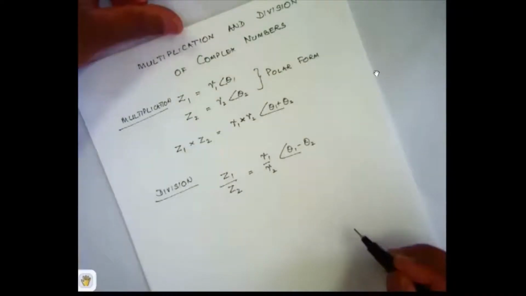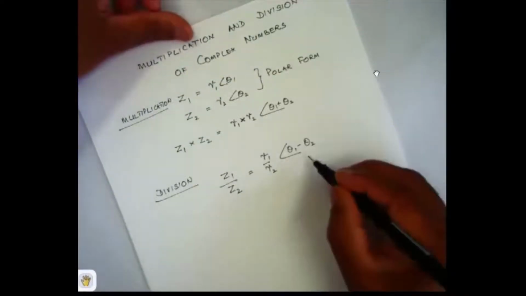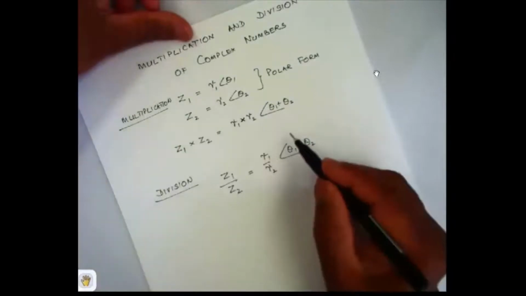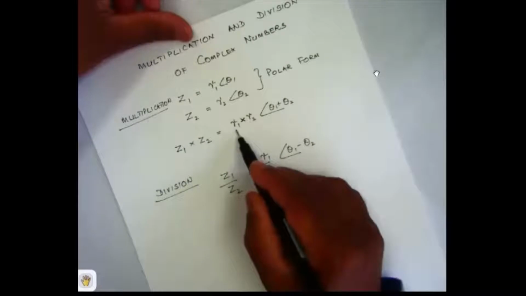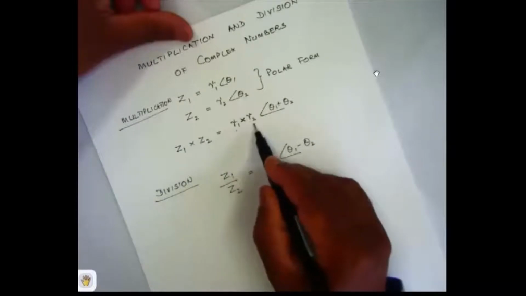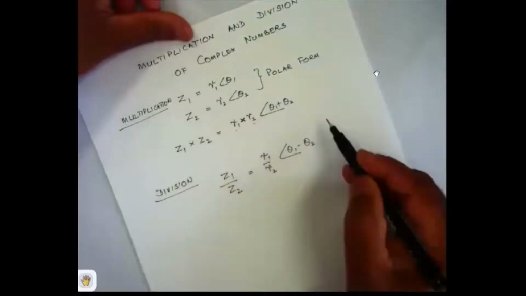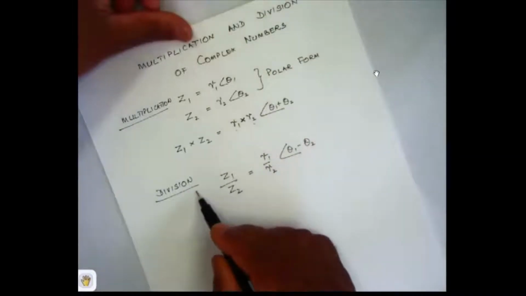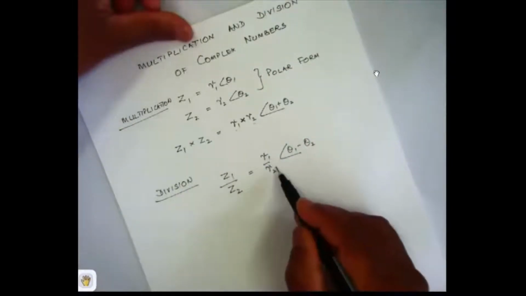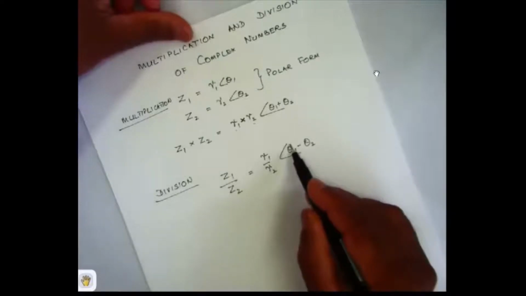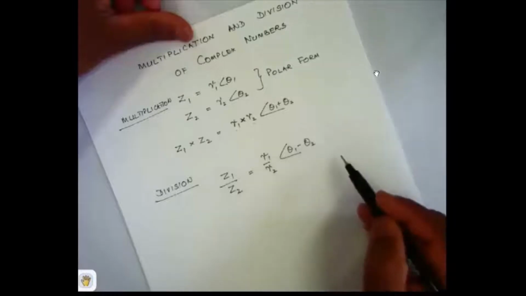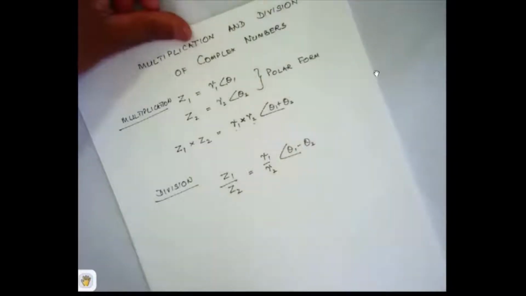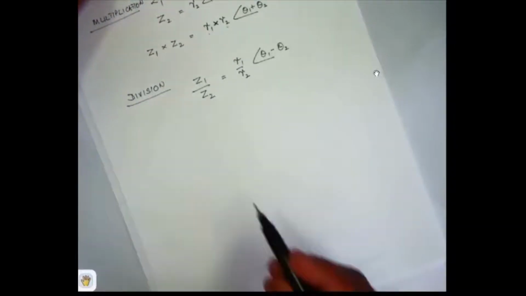So in polar form, for multiplication of two complex numbers, we multiply the two moduli, and the angles are simply added. And in division, we divide the moduli, and the arguments are simply subtracted. So let's do one example, and then we can easily understand.